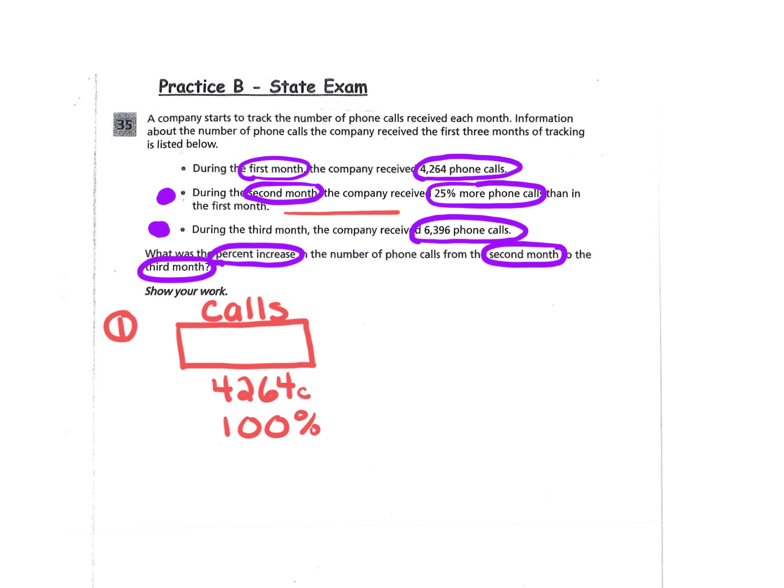But we also know from the first month to the second month, there was a 25% increase. So let's increase by 25%. This represents the growth.